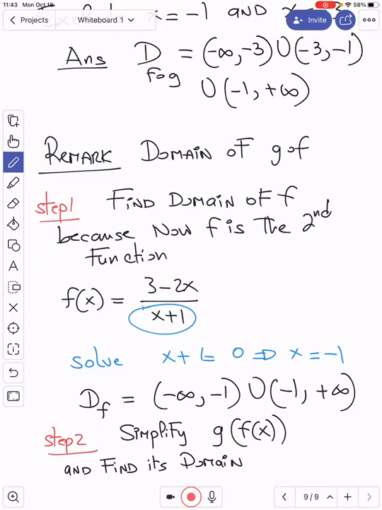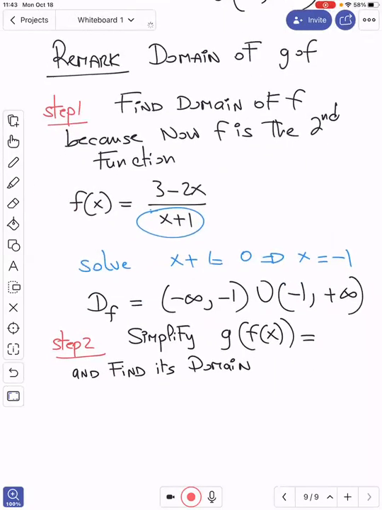So this is different from the second step in f composed with g. This is g composed with f, so we're going to get a different function.